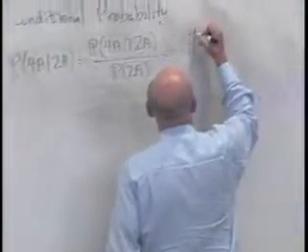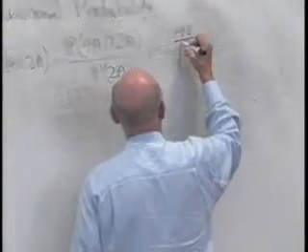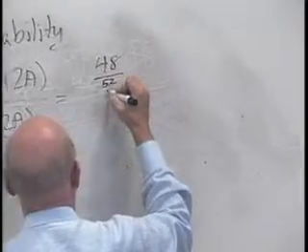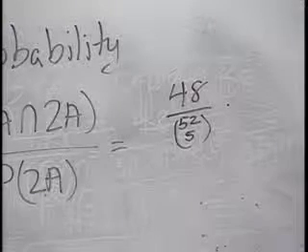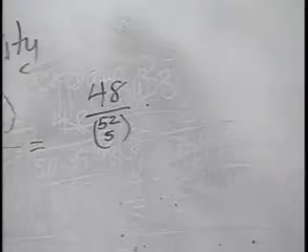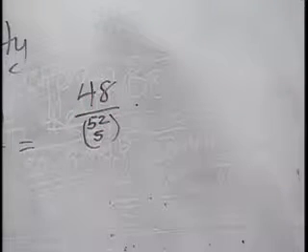It is 48, strictly speaking, over 52 choose 5. That's going to cancel, so I'm writing it small. So that's the probability of a hand with 4 aces in it. Out of all the 52 choose 5 possible poker hands, there are 48 that have 4 aces and one of the other 48 missing cards.